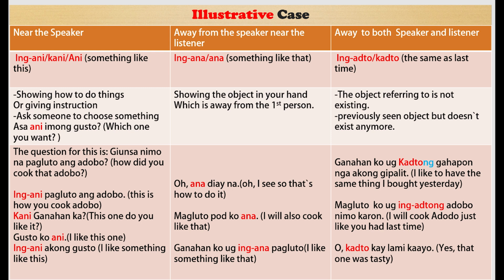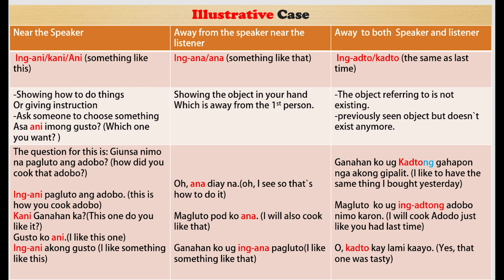Okay? Oh, kadto kay lami kaayo. Oh, that one, that was tasty. Oh, kadto. Yeah, so this one also you can use when you are talking about a person that is not in there, out of your sight. You say kadtong lalaki ba, the boy I saw last time, kadtong lalaki nga akong nakita sa una or before.